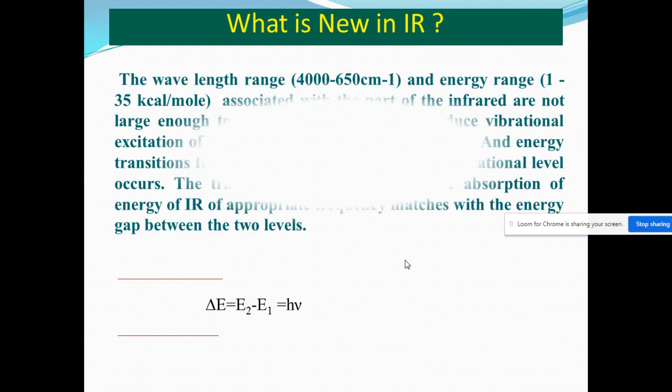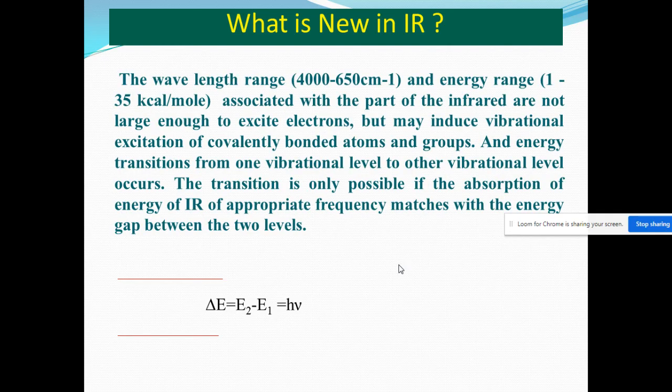Now, what is new in IR? In infrared spectroscopy, electromagnetic radiation of the infrared region is passed through the molecules. The wavenumber range of the infrared region is 4,000 to 650 centimeter inverse, and its energy range is 1 to 35 kilocalorie per mole.